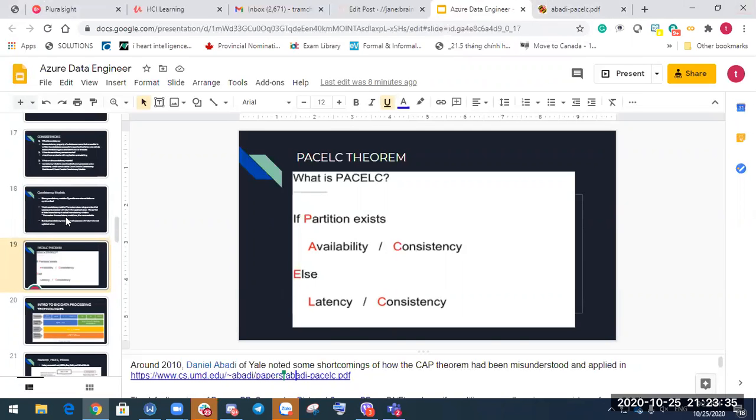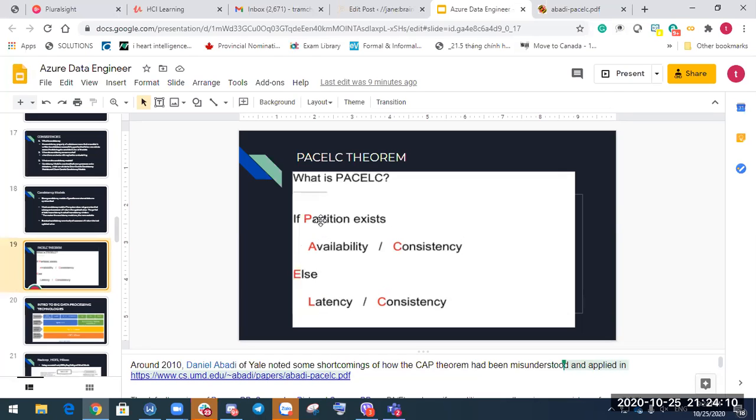As you understand from the last slide, I talked about partition, right? Partition here means when the network takes a break. So when it exists, what do you prioritize? For the default version, there will be two cases. For example, CosmosDB is PA and EL.